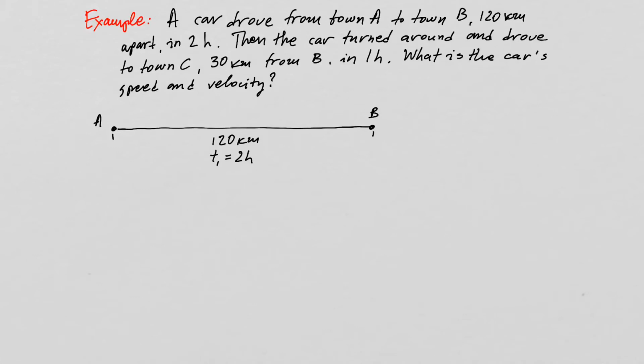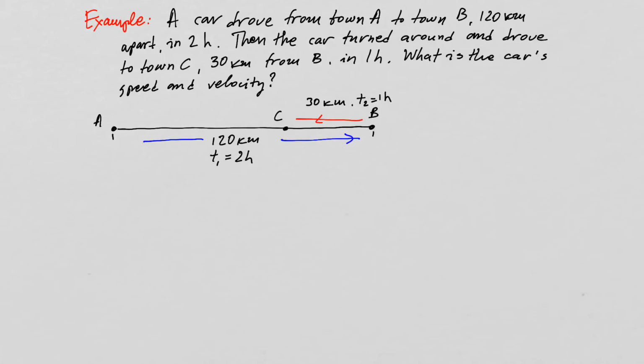So then the car went from A to B, then the car turned around and drove to town C, right here, which is 30 kilometers from B, and it took the car time T2, which is equal to 1 hour to get from B to C. So the car went that way from B to C.